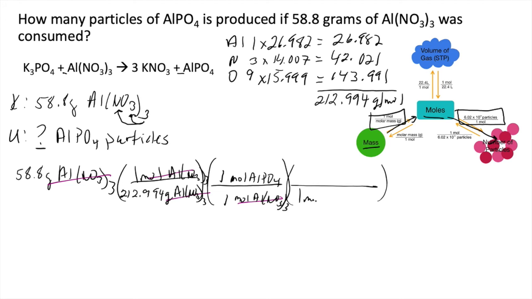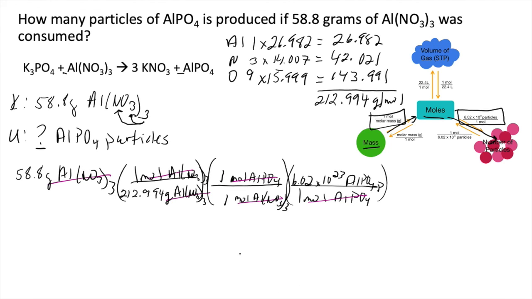So 1 mole of aluminum phosphate at the bottom and 6.02 times 10 to the 23rd, Avogadro's number of particles of aluminum phosphate at the top. I'm just going to put a P here to abbreviate because I don't have any more room. This will allow us to cancel out moles of aluminum phosphate, leaving particles of aluminum phosphate.